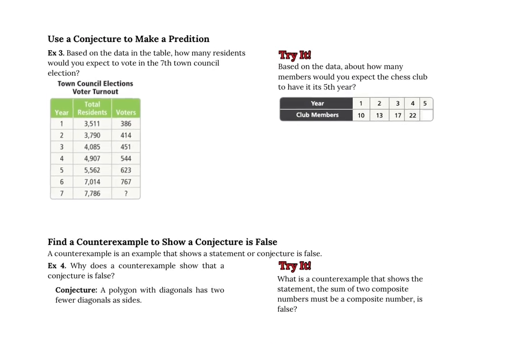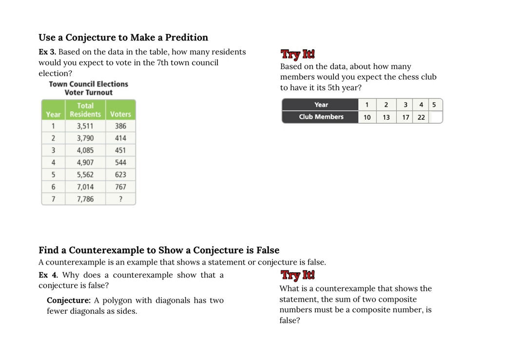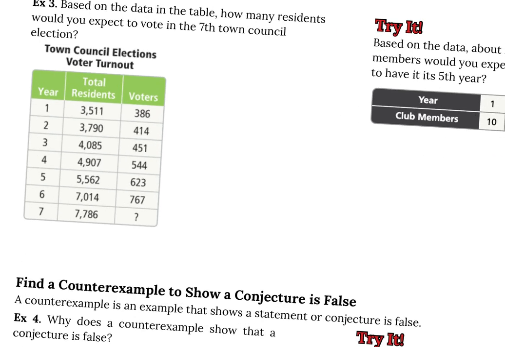Right now we're making predictions. So we have some data in this table about residents who have voted in the 7th town council election. To find our pattern to make predictions here, I'm going to zoom in so we've got some more room.